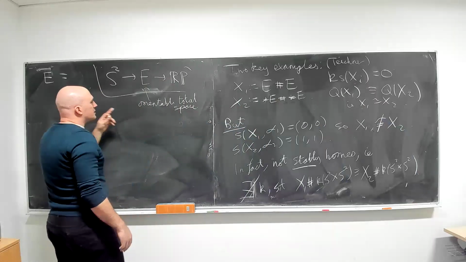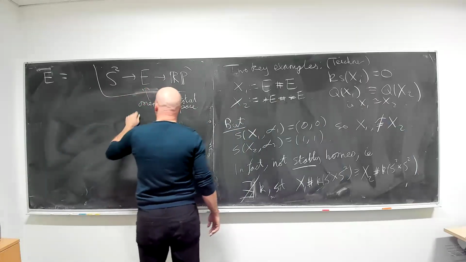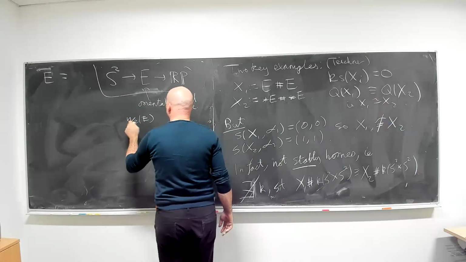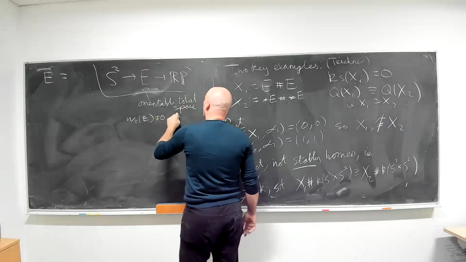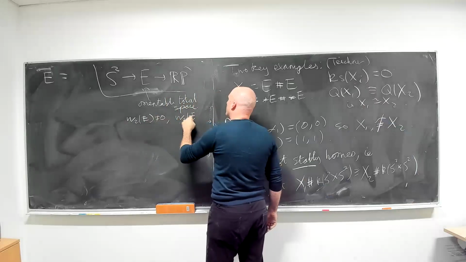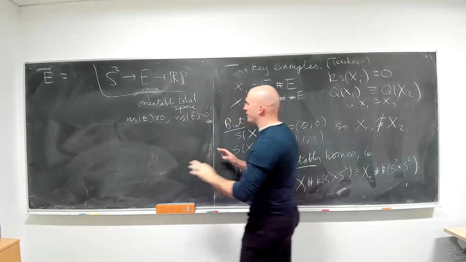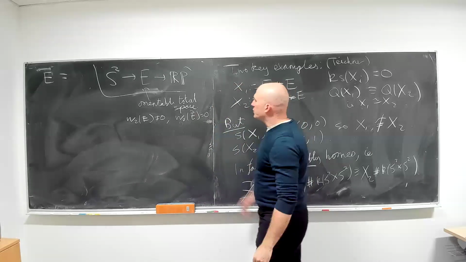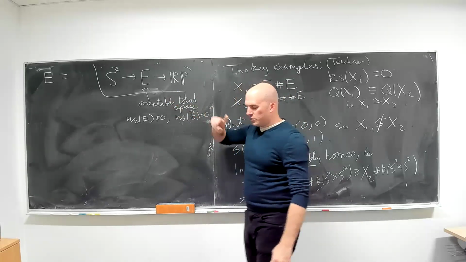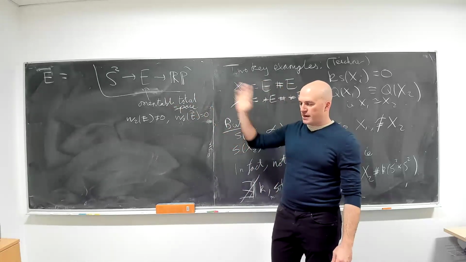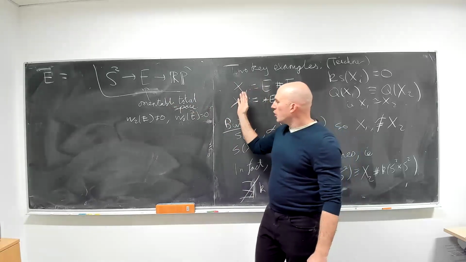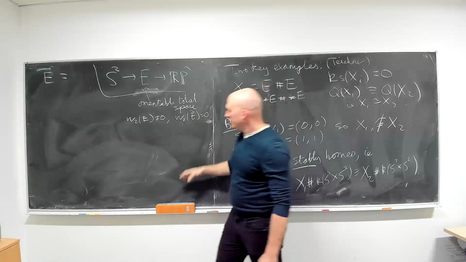This is the one where w2 is non-zero and w2 of the universal cover is 0. Once you have orientable total space, there's one that is a spin manifold, and there's one non-spin one, but whose universal cover is spin.